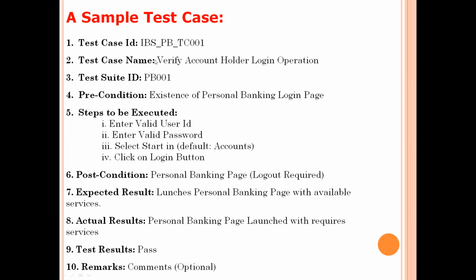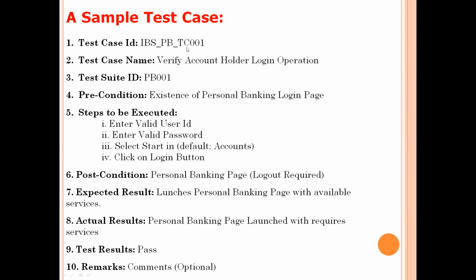Observe the test case ID, a unique name or number. See here IBS, it is the project, Internet Banking System, underscore PB. PB stands for Personal Banking module, TC001, test case 1.